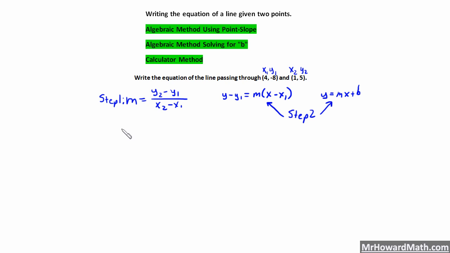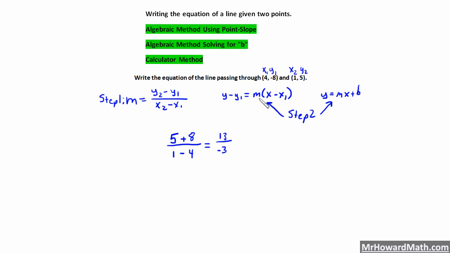So we have y2 is 5, and minus y1 is -8, so minus a -8 becomes +8, all over x2 is 1 minus x1 of 4, so that equals 8 plus 5 is 13, and 1 minus 4 is -3. So we have a slope of -13/3.